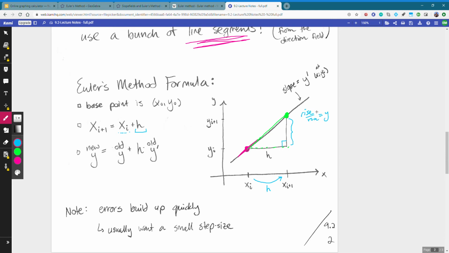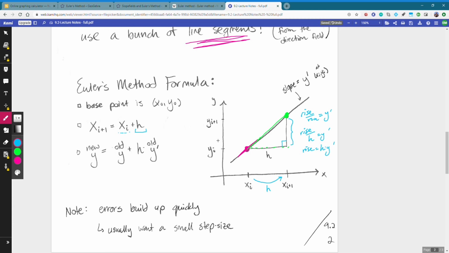All right, so this rise over run here has to be y prime, but our run is h. And so rise over h has to equal y prime, and so this rise here is h times y prime. And with that, I claim we get a nice formula, right?